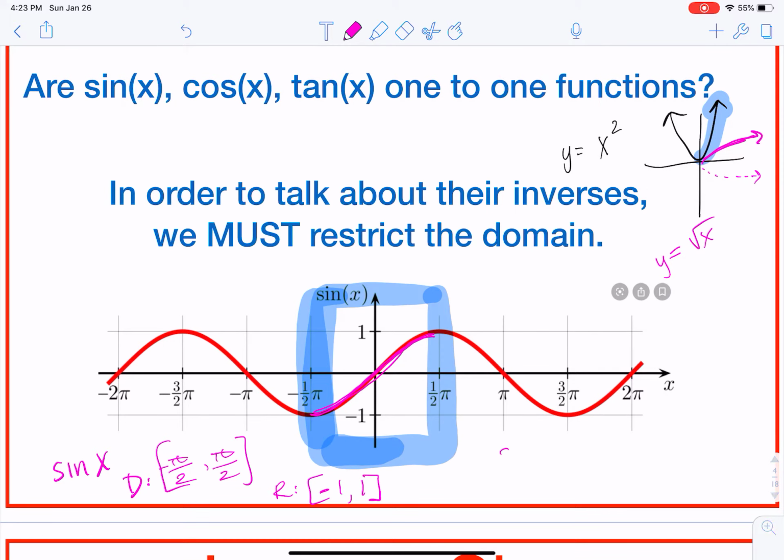Well, for sine inverse of x, so y equals sine inverse of x, my domain becomes values from negative 1 to 1, and my range, this is really where we're sticking to the negative pi over 2 to pi over 2. So this will make a little bit more sense as we work through some of these problems.